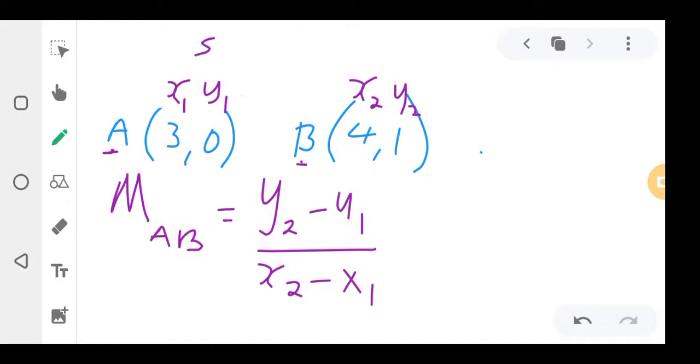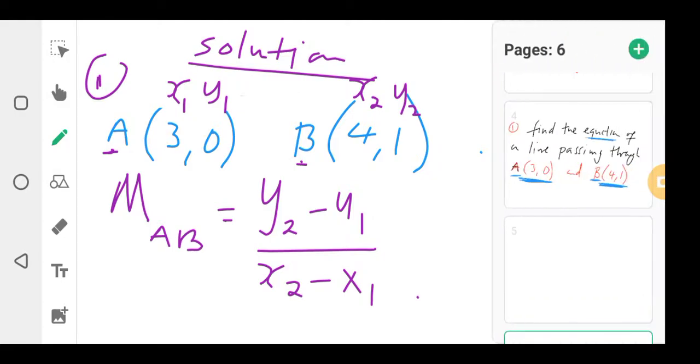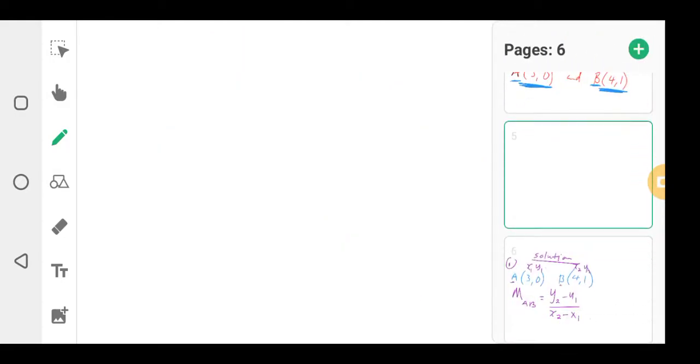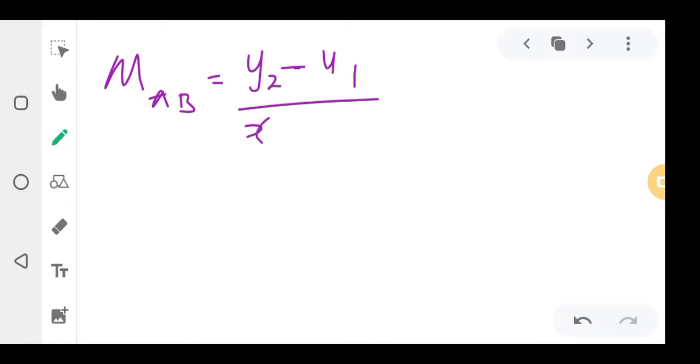Of course, this is the solution that we are finding. I just had to wrap it because there was no space. So this is question 1. We are solving question 1. So first you find the gradient using this formula. So I'll write the formula again. So gradient of AB is equal to y2 minus y1 over x2 minus x1.